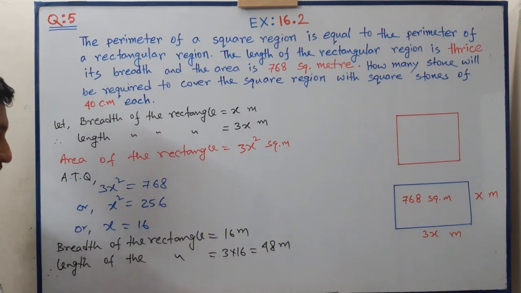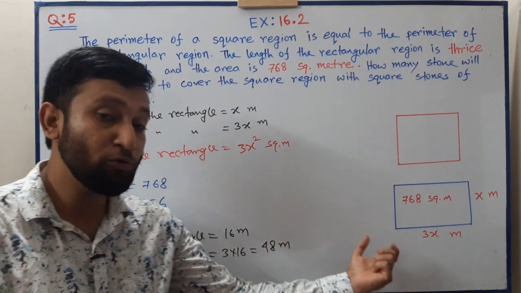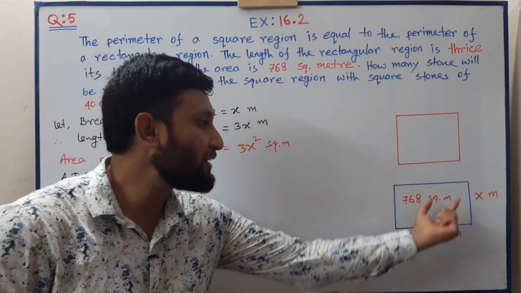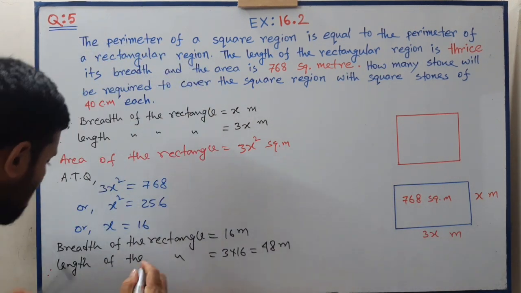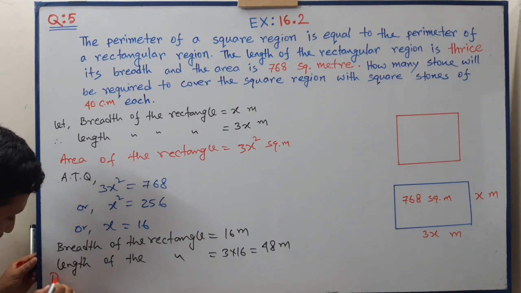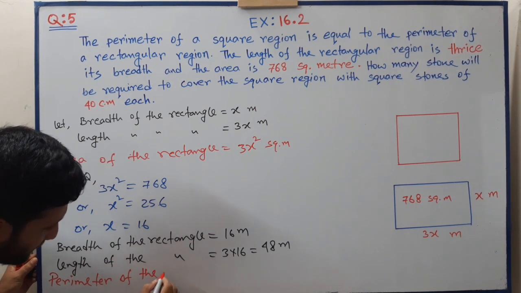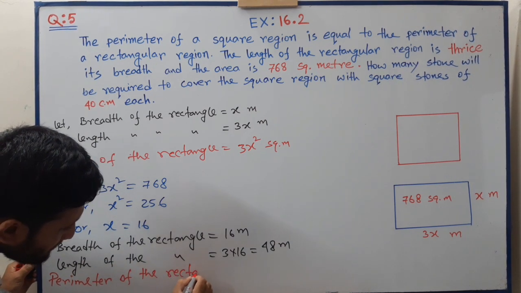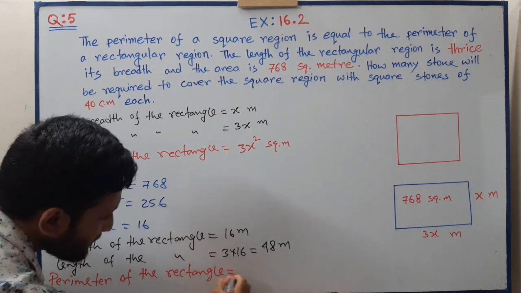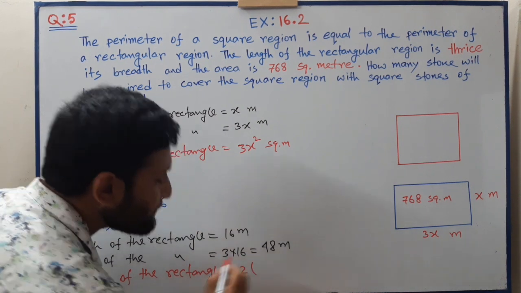Okay, now we have to identify the perimeter of this rectangle. We know perimeter means 2 into length plus breadth. So we can say here the perimeter of the rectangle is equal to 2 into length plus breadth.